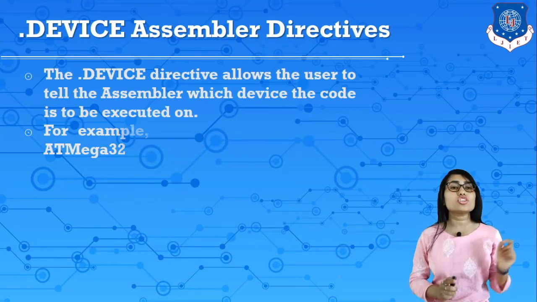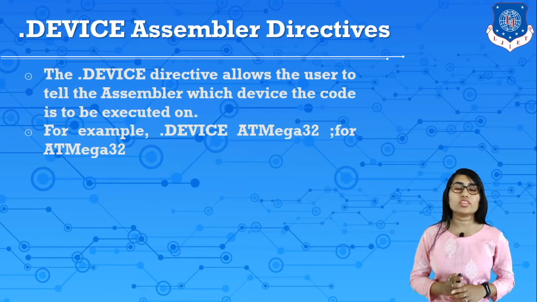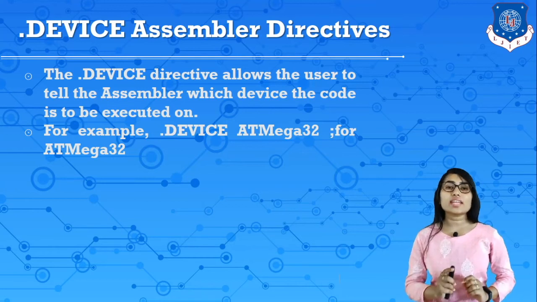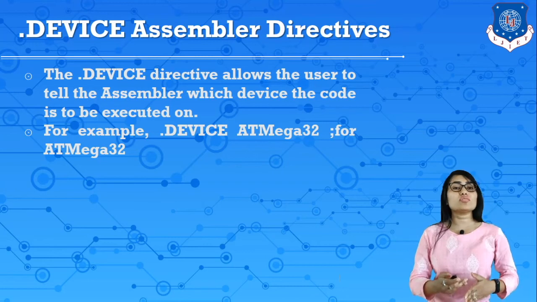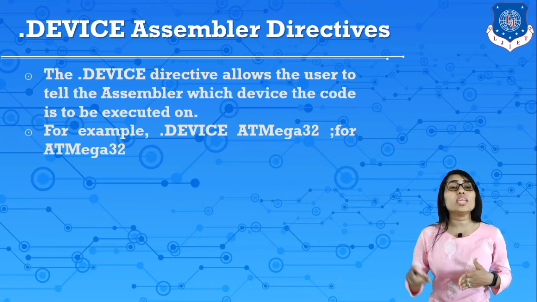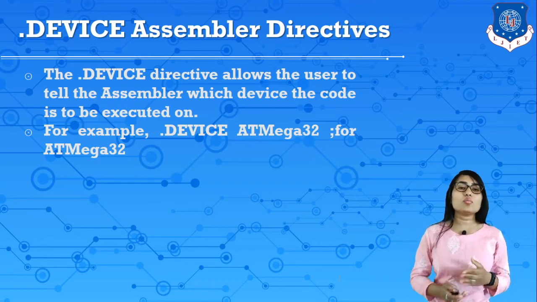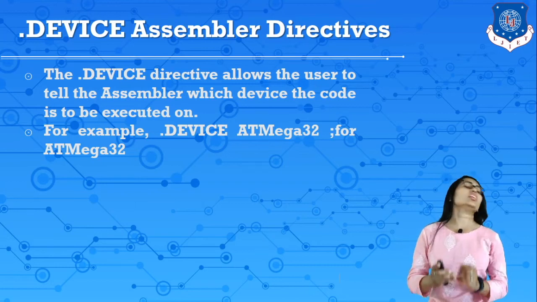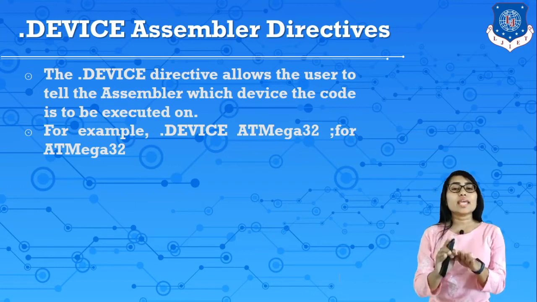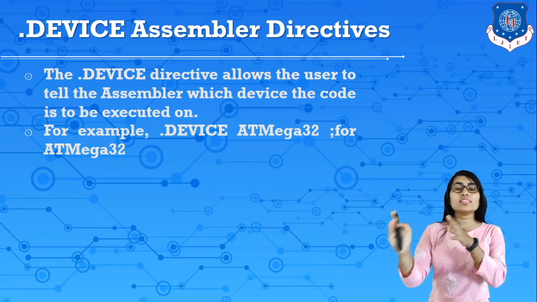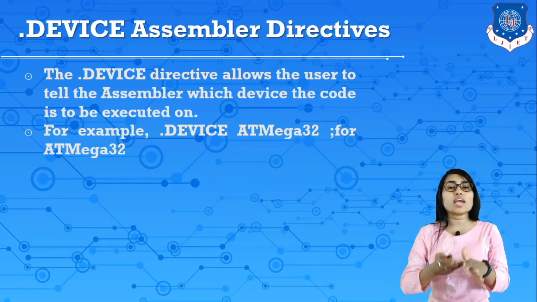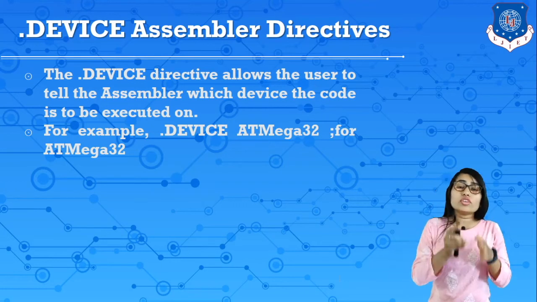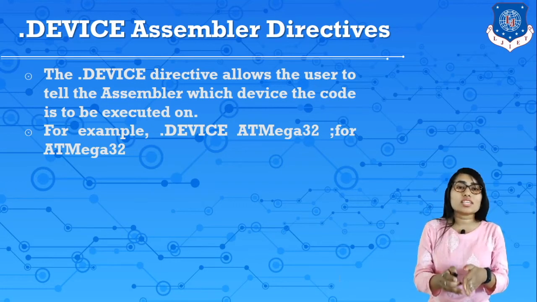Then next is the .device assembler directive. The .device directive allows the user to tell the assembler which device the code is going to be executed on. For example, .device ATmega32 tells the assembler that this device is used.